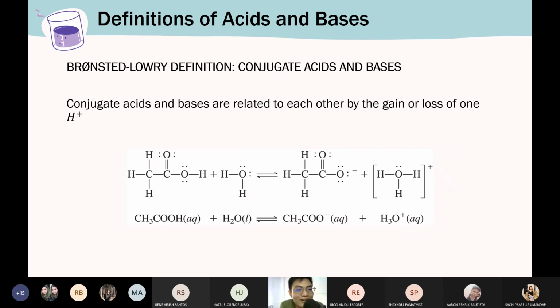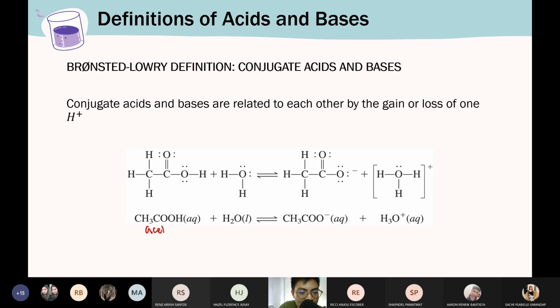Okay. Anyway, let's try this one. So, we have here acetic acid and water producing acetate and hydronium ion. Okay, tell me, sino yung acid, sino yung base, sino yung conjugate acid, sino yung conjugate base. I think ita-type nyo.